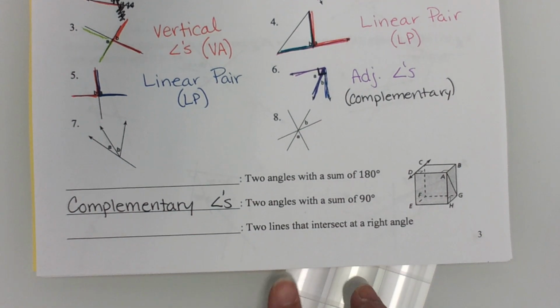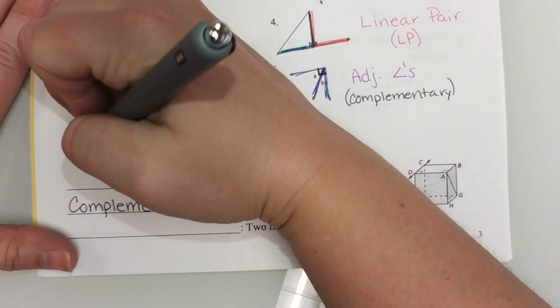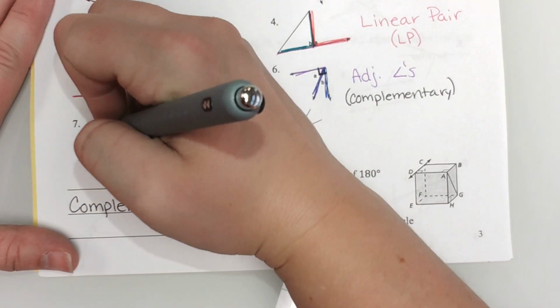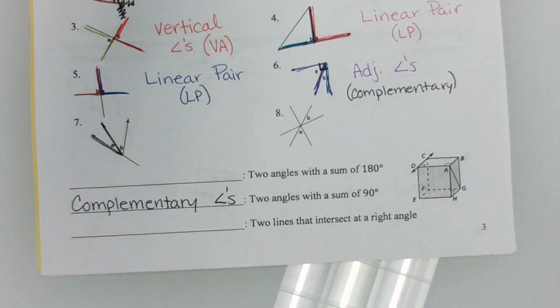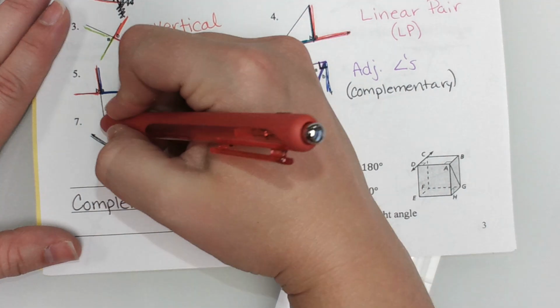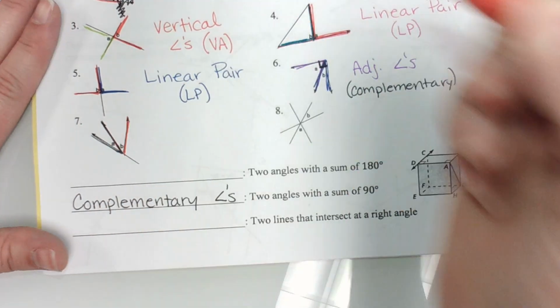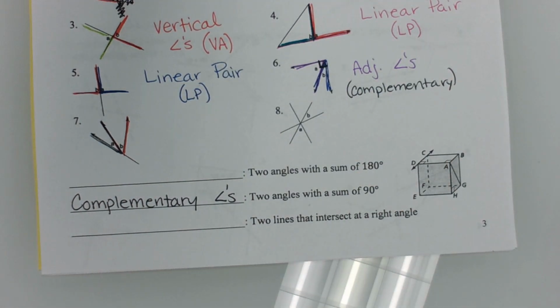Okay, we got two more. And then we're going to move on and do some actual math with it. There is angle A. Here is angle B. Are they adjacent? Do they share that middle line? Yes. Do they make a straight line?